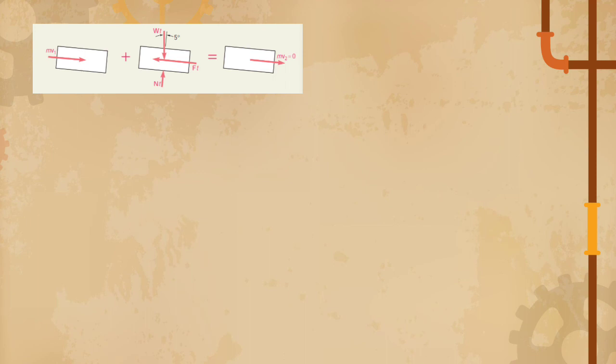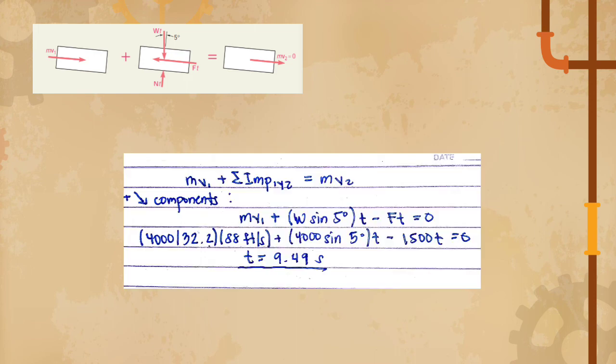For the solution, in finding the value of t, we apply the principle of impulse and momentum. Since each force is constant in magnitude and direction, each corresponding impulse is equal to the product of the force and of the time interval t. Using m times v1 plus summation of Imp sub 1-2 is equal to m v2.